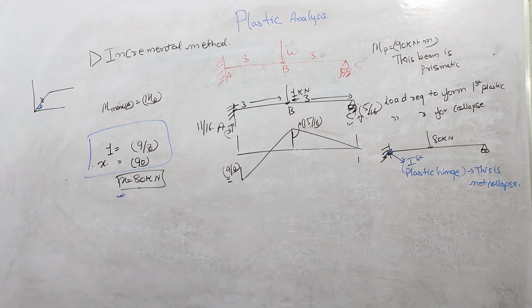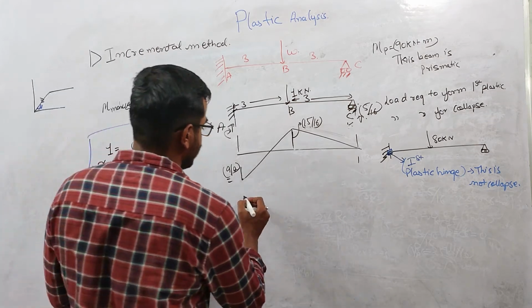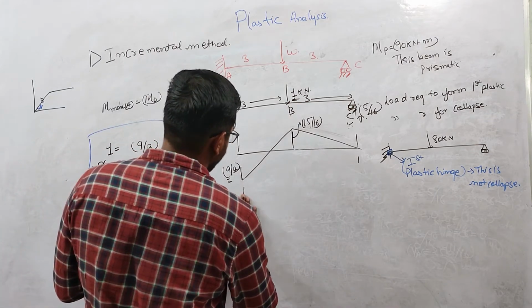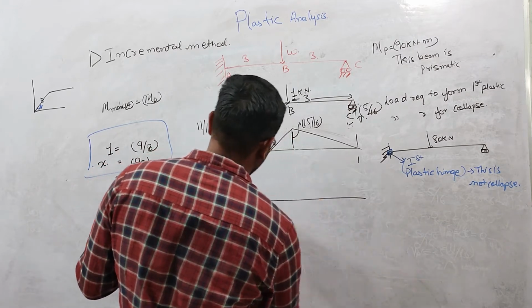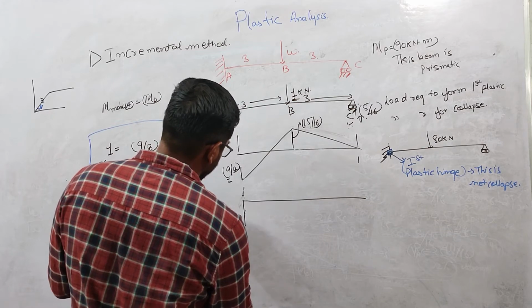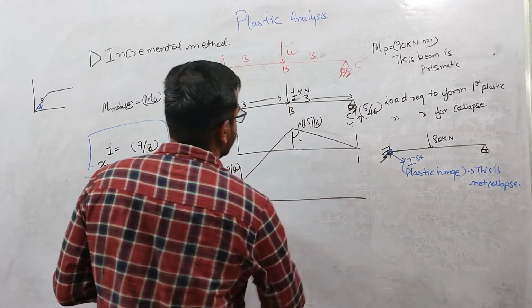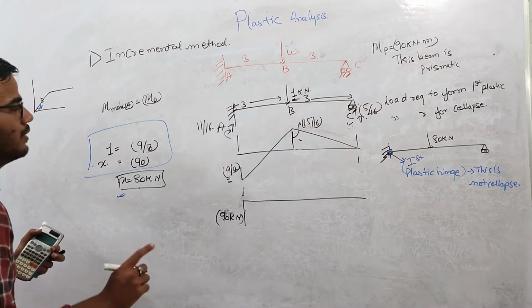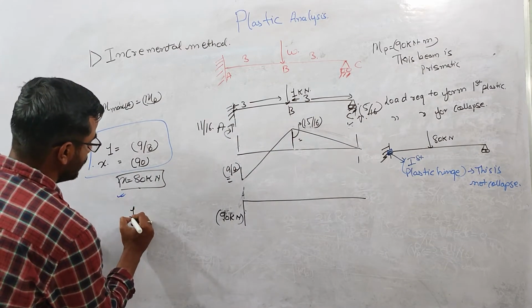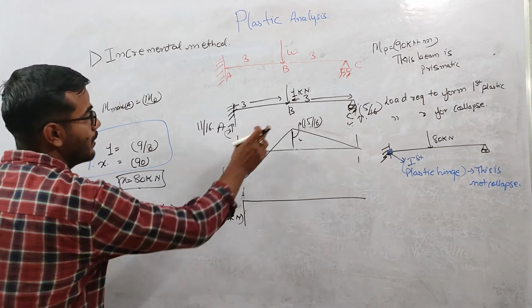One more thing I can say: when this 80 kilonewton load is applied, the bending moment diagram will look like this. At this point the moment is 90 kilonewton meter. What will be the moment at the center? We can also calculate that through linear interpolation. Due to 1 kilonewton, 15 by 16 moment is generated at the center under this load.